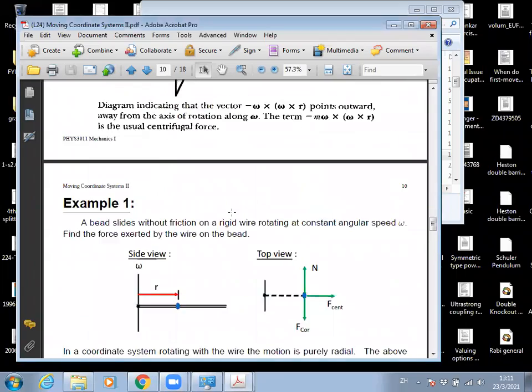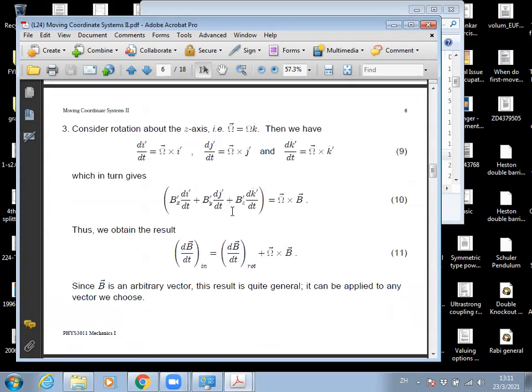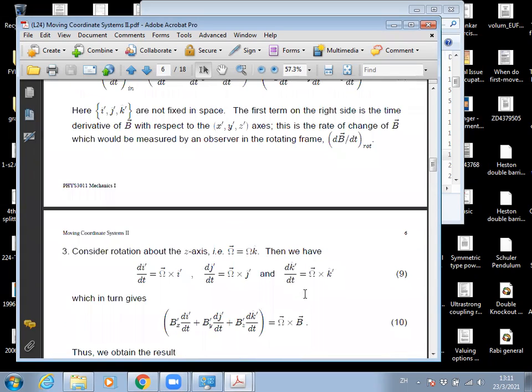Let me do it again. Okay, equation 9. You mean this one? Okay. Forget about the rotation matrix. Think about the right-hand rule.